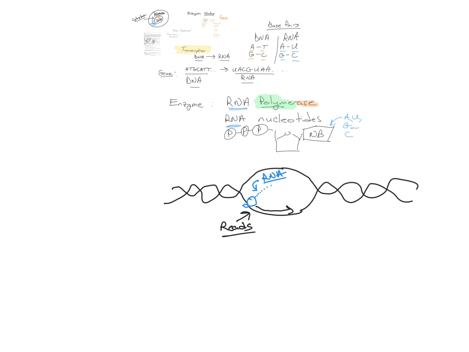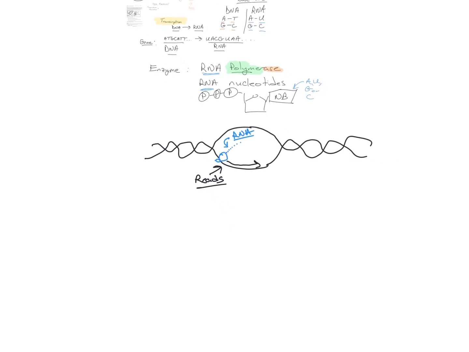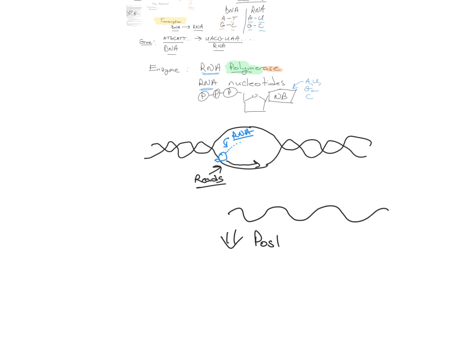Now, once you get an RNA molecule that's pretty much the length of the gene from beginning to end, you have to do some of what we call post-transcriptional modifications.